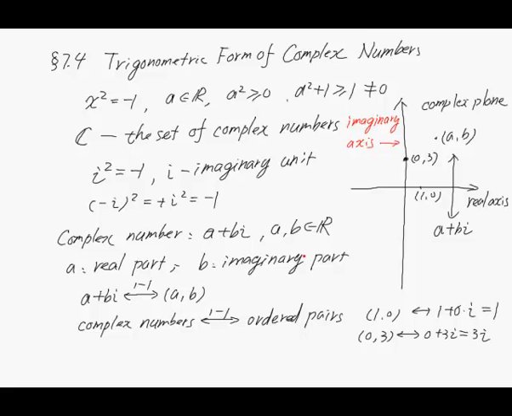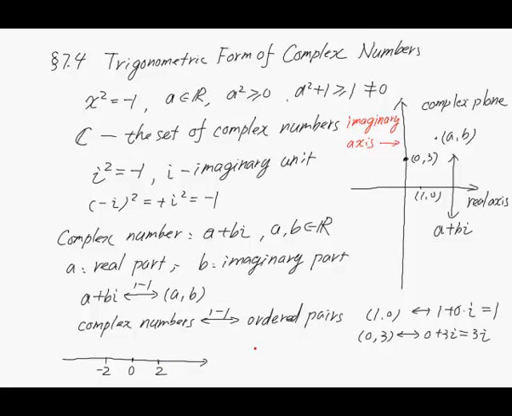And given this complex number a plus bi, we can find the absolute value of a complex number. Let's first recall how we define the absolute value of a real number on a number axis. Suppose we have a number axis like this. This is the origin, and then this is 2, and this is negative 2.